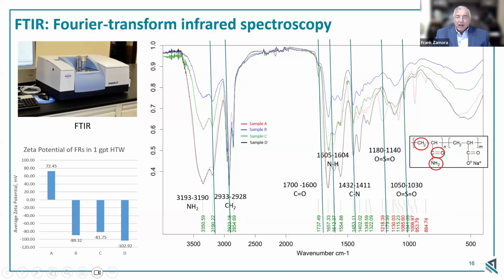So again, whenever we have one of these gummy bears actually show up in the lab, it's important to also have, if possible, an actual sample of the FR that was actually used on that particular well. It's very important to have that actual FR sample so that we can use it as a reference whenever we do the FTIR.